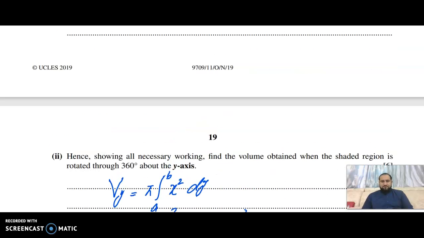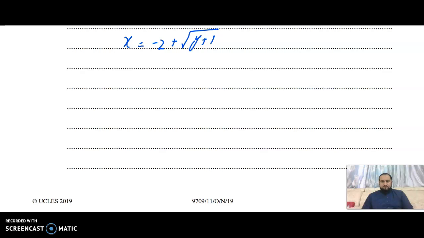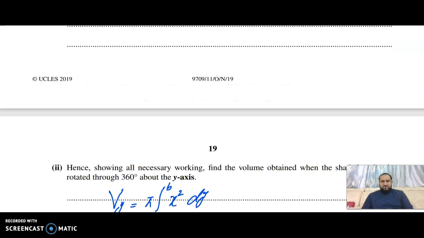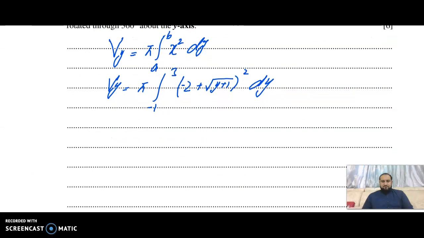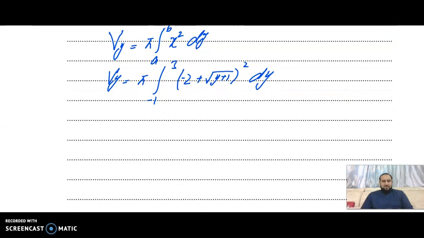Double check. Yeah, minus 2 plus square root of y plus 1. So now here, further to this, we have to initially simplify the inside.